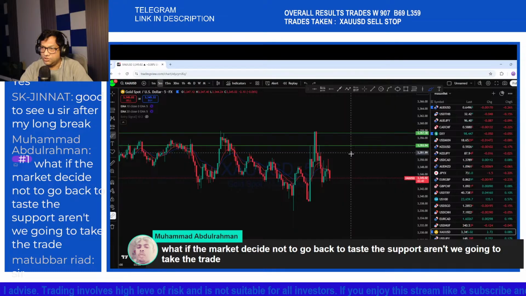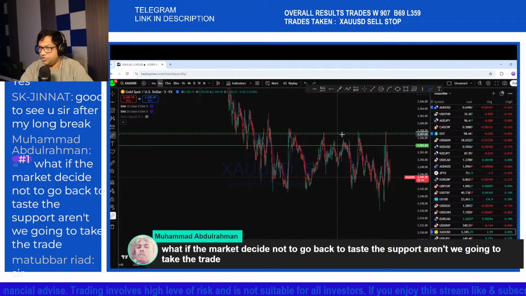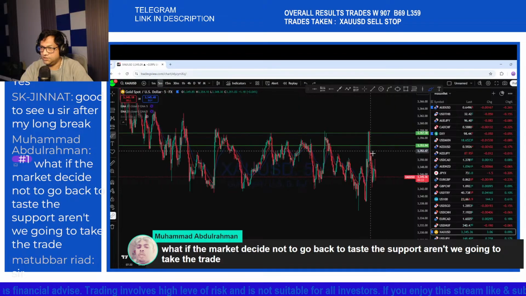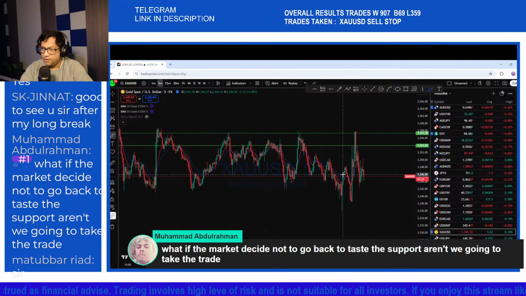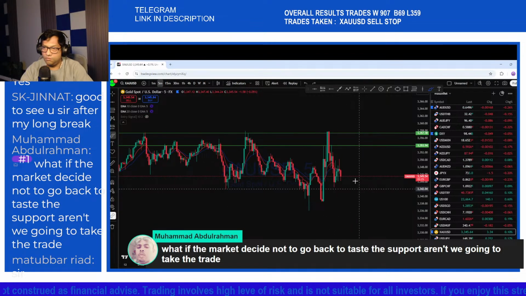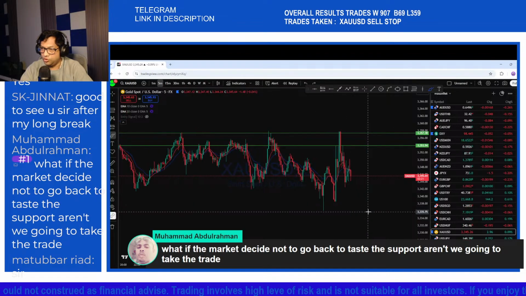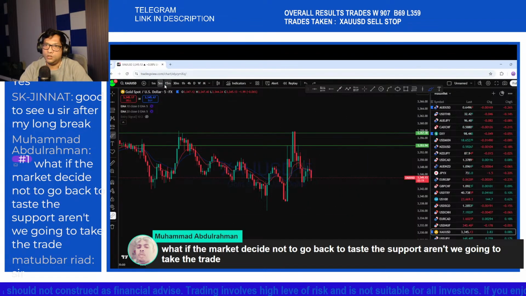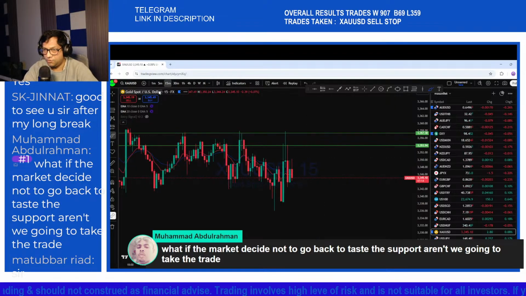And at this resistance, the price is very sharply respected, creating a series of lower highs in this direction. So it is penetrating back below the support but is respecting the resistance. That means at any point, a drop in this direction is highly probable.